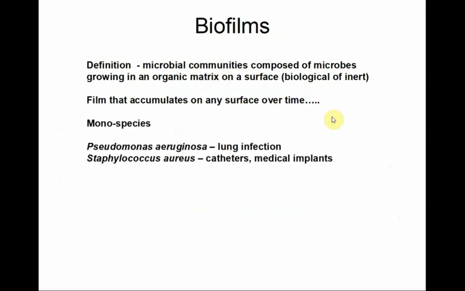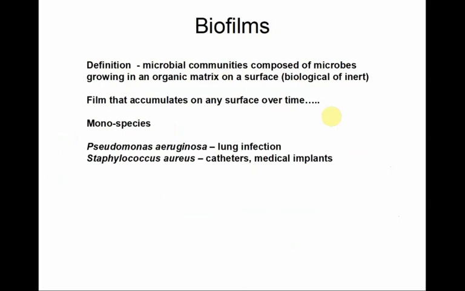Biofilms can be monospecies. If you get a Pseudomonas aeruginosa infection, then these pathogens will secrete biofilm polymer, which is very difficult to cough out from your lungs, which is what makes them so dangerous. Staphylococcus aureus, when it contaminates medical implants or catheters, will grow as a biofilm on the surface.